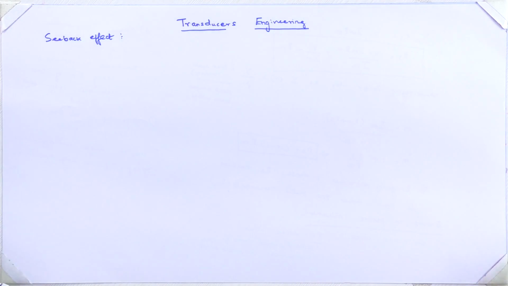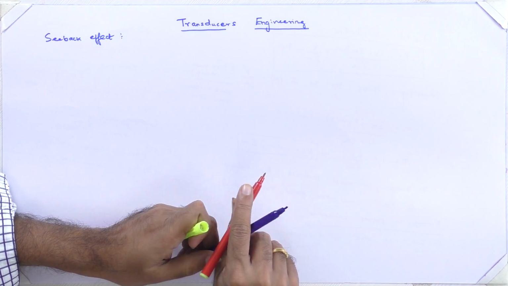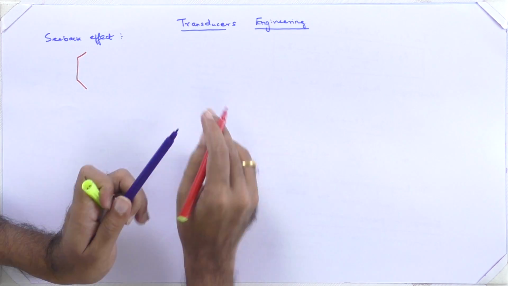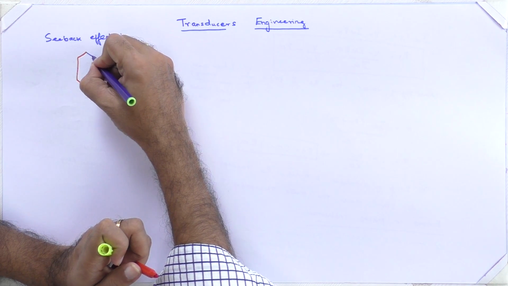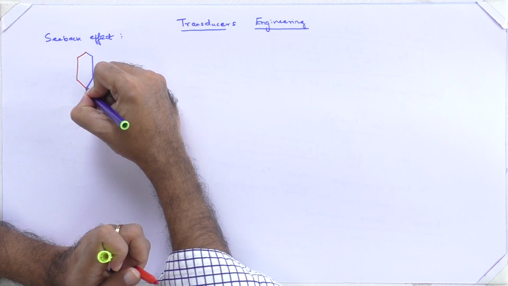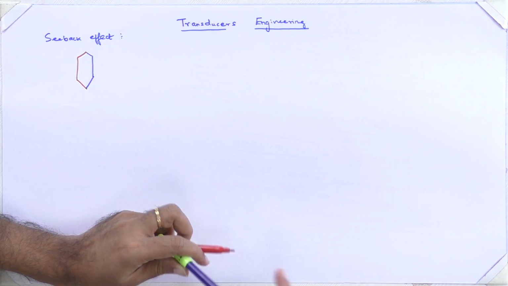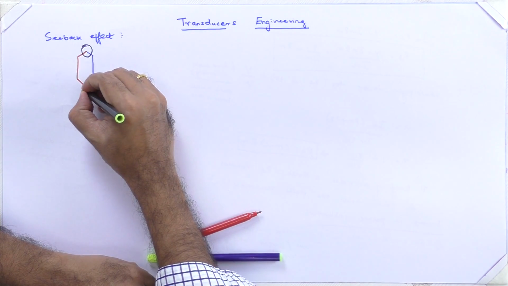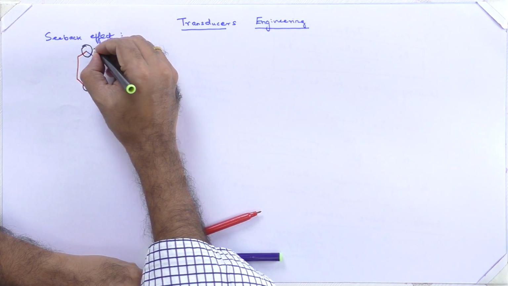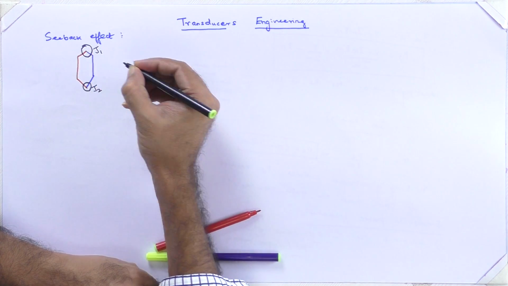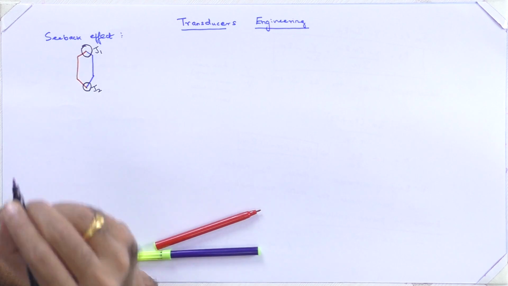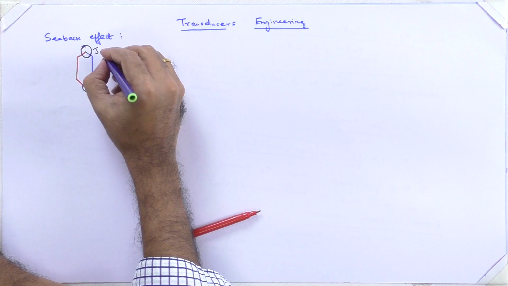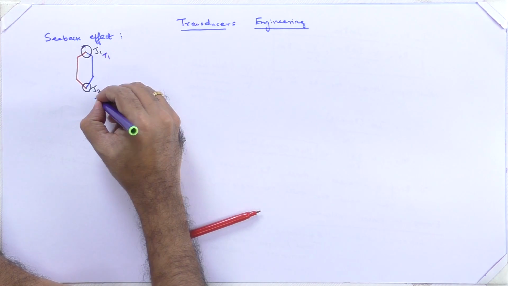As we have seen, the Seebeck effect defines that when two dissimilar metals, let us take this wire of one metal and this wire of a different metal, are joined together only at their ends, let us take these joints as junctions J1 and J2, maintained at temperatures T1 and T2.